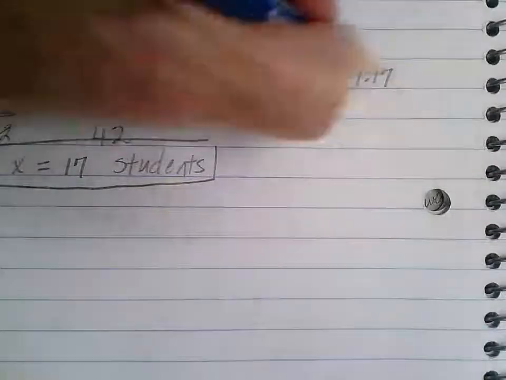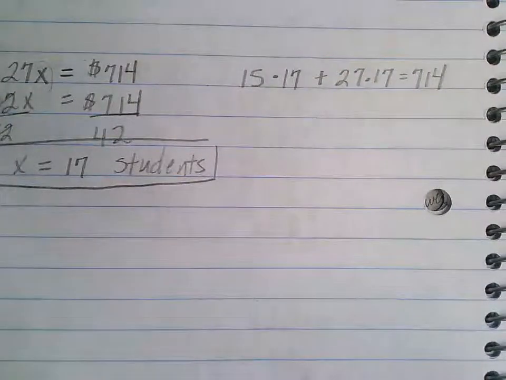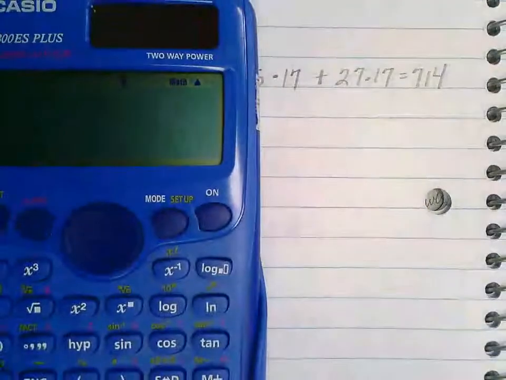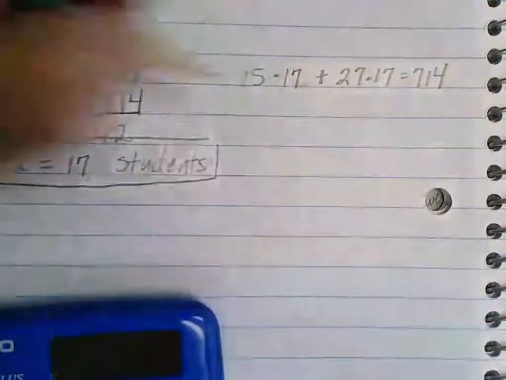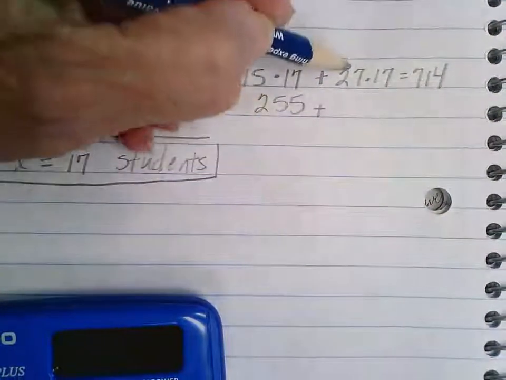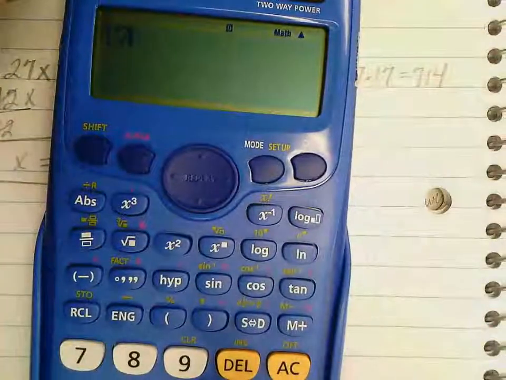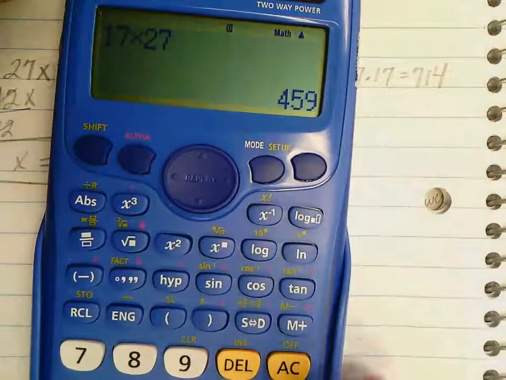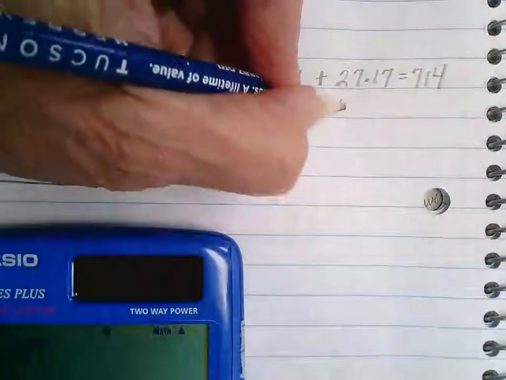And then we need to see if that's equal to 714. So 15 times 17 equals 255. And then $27 times the 17 students equals 459.